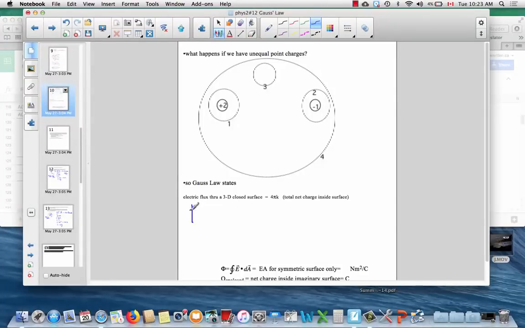Mathematically, it says that the electric flux, and I've bounced back and forth between using a capital phi and a small phi, that really doesn't matter, you get electric flux through an imaginary 3-dimensional closed surface when you have net charge enclosed by that imaginary surface. So this is the statement of Gauss's law.